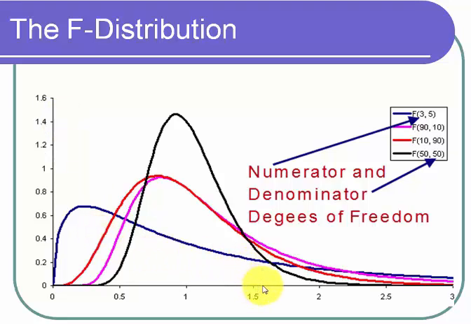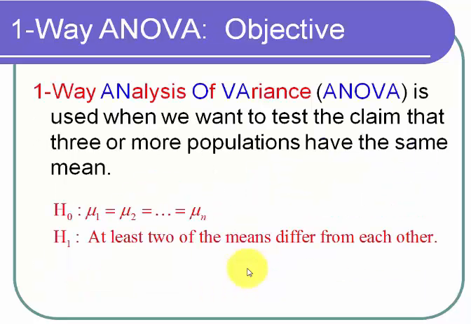Once we've decided what the value is for that F, we could talk about the area to the right of that value, and that will be the p-value. We've understood all these things before, so hopefully you still understand this today. It's the same idea. Now let's use the F distribution by talking about one-way ANOVA.